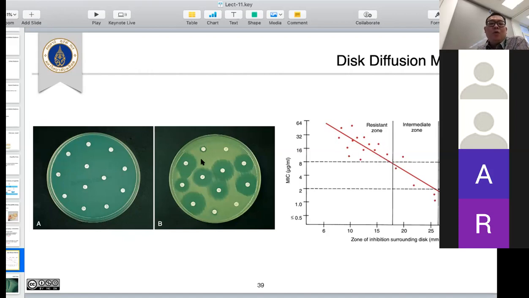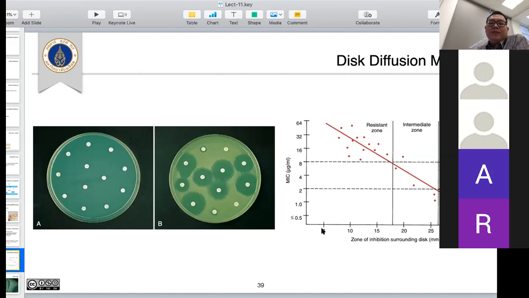Then bacteria will grow and the antibiotic will diffuse in the agar and inhibit bacteria. Then you measure the size of the clear zone, okay? The way to measure the size of the clear zone is to measure across the disc two ways and calculate the average, okay?